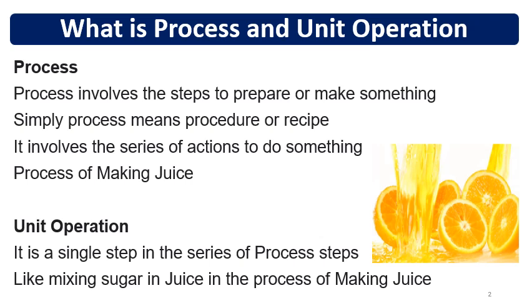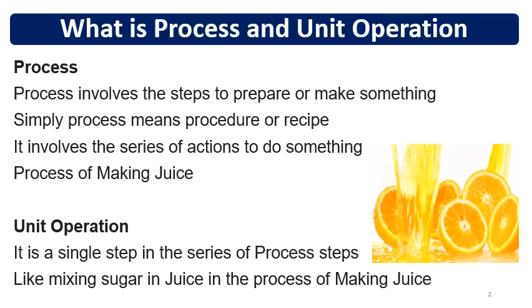You can understand this from a simple process of making juice. For making juice you need the fruits, you need water, you need a mixer, you need sugar. So these are the materials, and then you go to make the fruit juice.